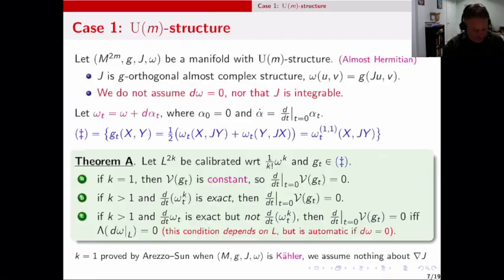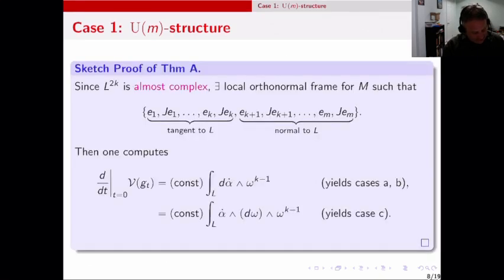If I go back, when k equals 1, the functional is constant, and you can see that right here. When k equals 1, this goes away, and by Stokes' theorem, we're integrating something exact, we get 0. I'm showing it at time 0, but you can actually do this at any time t when k is 1.